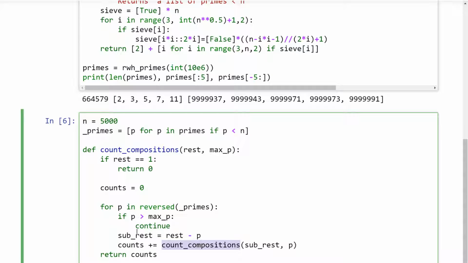So I think every time we generate a rest, we can increment, right? Let's see. No, actually, we have to look at the tail side of things. So if rest equals 8 first.